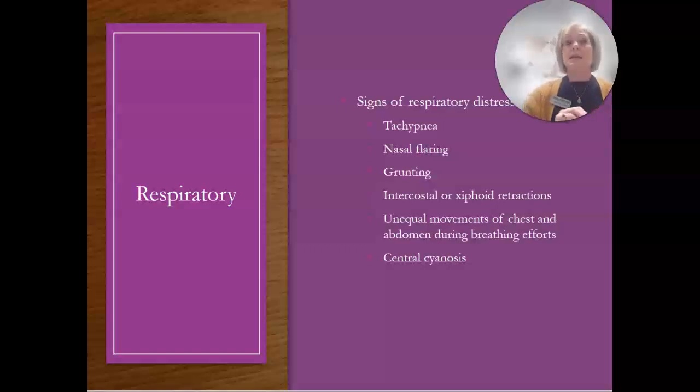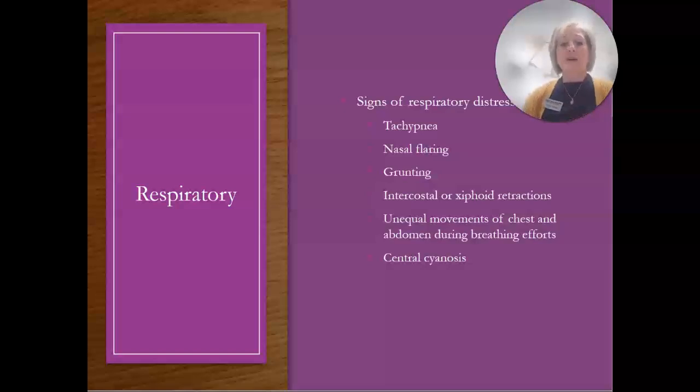This may be immediate, or sometimes you may see this 4 to 6 hours after birth when they're having difficulty transitioning. So those respiratory rates are going to go up. You're going to see nasal flaring, grunting, intercostal or xiphoid retractions where they retract and come out, and unequal movements of the chest and abdomen. So you can see that effort they're really trying to do.